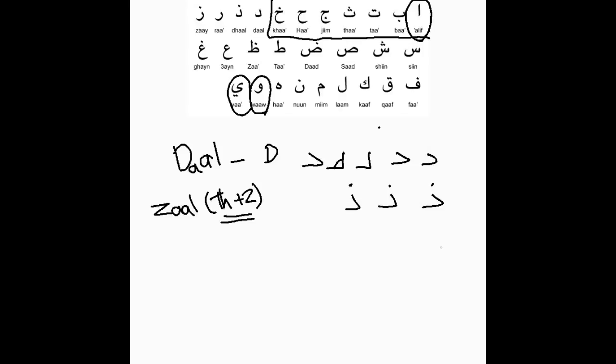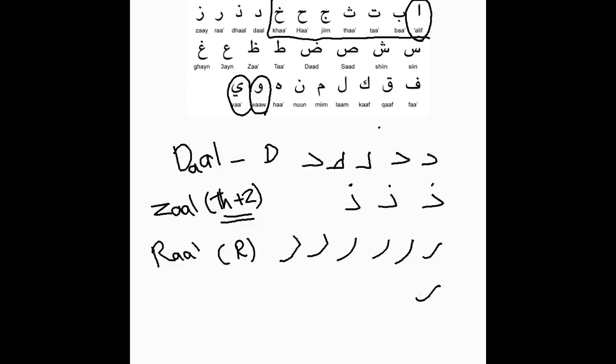Then we have Ra. Ra. And it is R. It's pronounced as R. And it's just an arc, like this. This is an arc. Or you can make it like this, 3. That will be R. Then we have Zai.